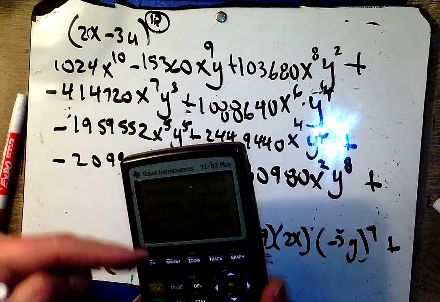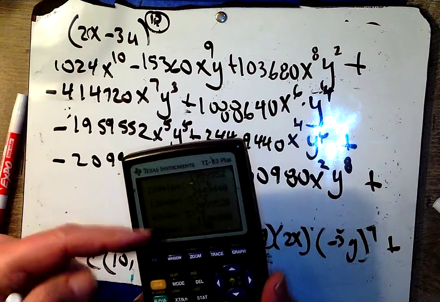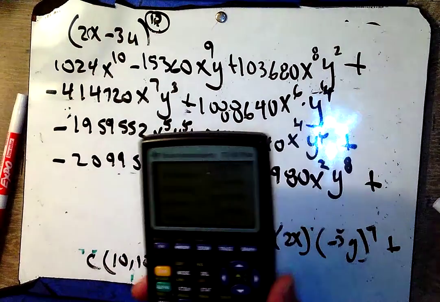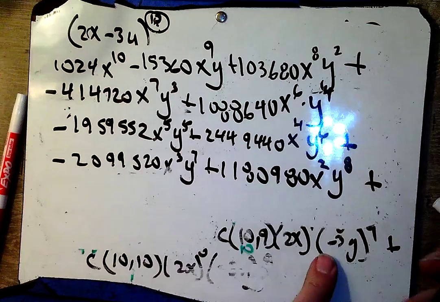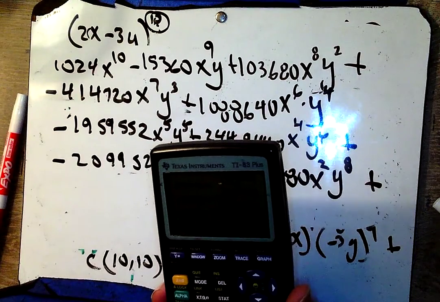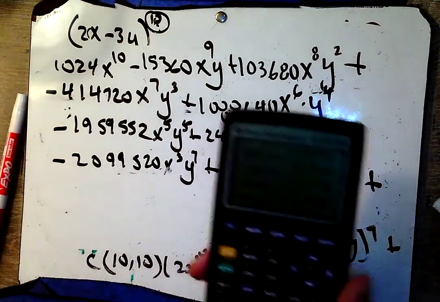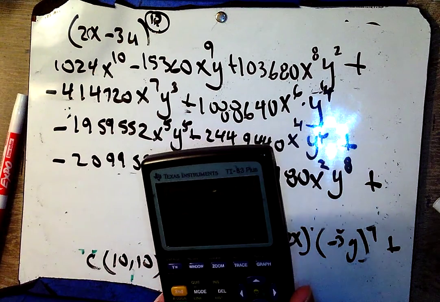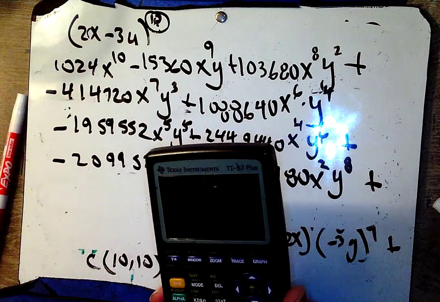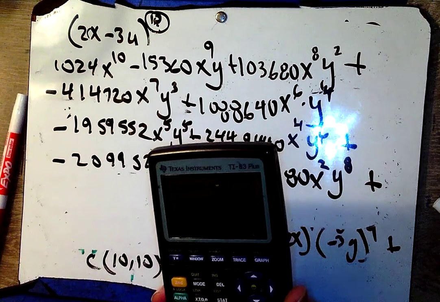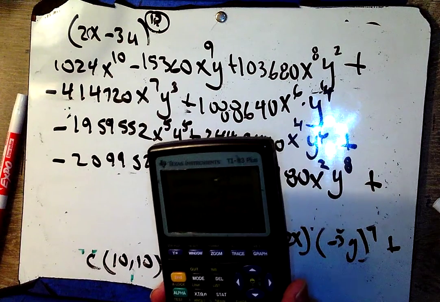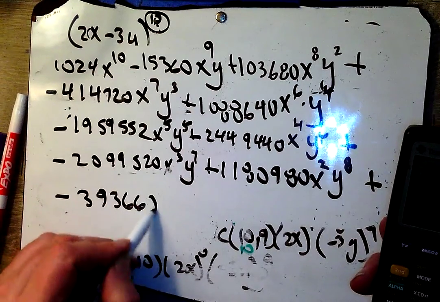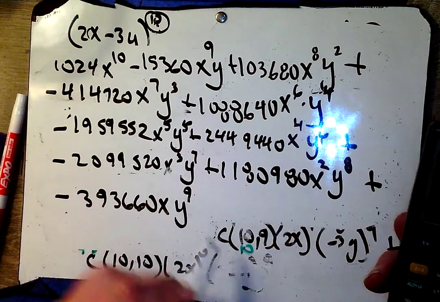I really like this ability just to bring back the last entry and edit it. Makes things so much easier. Okay, watch out for that 4. There we go. I still blew it. 10 times 2 times negative 3 to the 9th. There we go. Minus 393,660 x, y to the 9th.